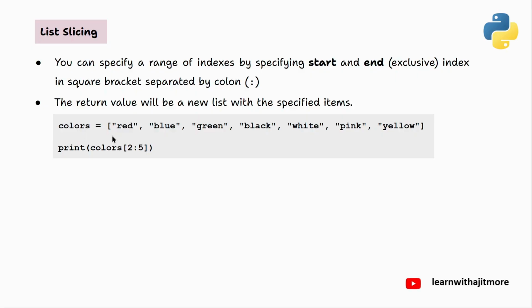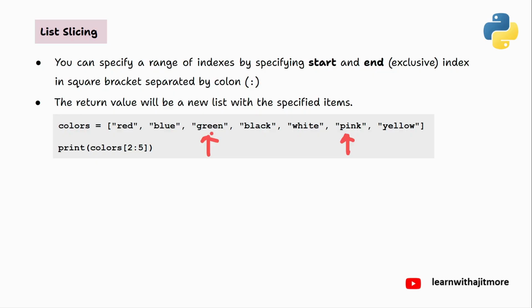See, example दिया है इधर, colors equal to, I've created a list of colors. Colors 2 colon 5. Now from where it is going to start? From 2, 0, 1, 2. ठीक है? Then 3, 4 and 5 is exclusive. Actually ये 5 है, but तुम्हें पता है कि 5 exclusive.